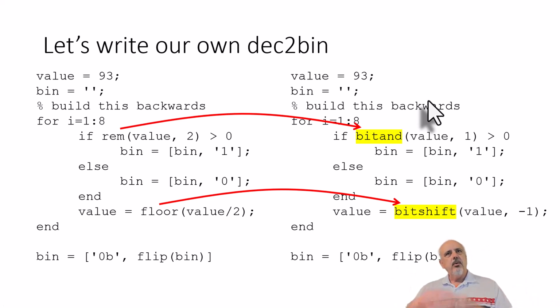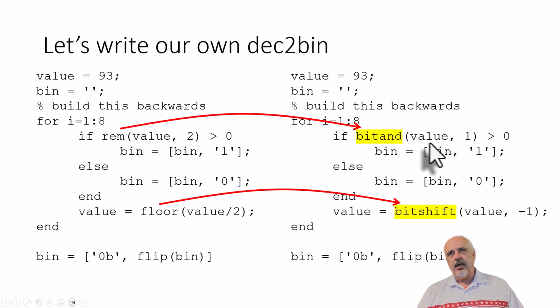So we want to get to where we're manipulating bits and comfortable dealing with bits. If I wanted to do a bitwise AND, that's the same thing. If I do a bitwise AND of value and 1, that's the same thing as looking at the remainder of dividing the value by 2. These are exactly the same.